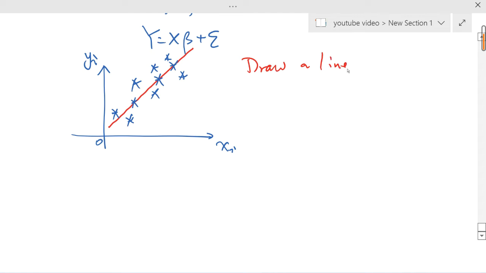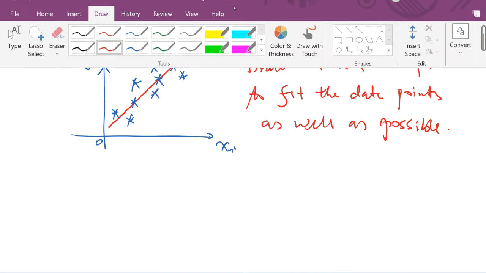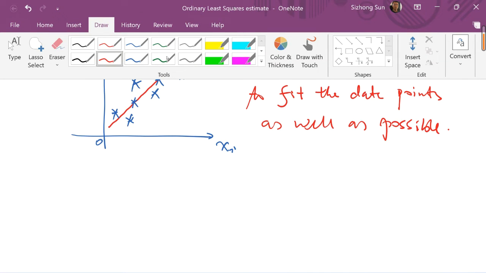Saying draw a line is the same as saying choose the beta to fit the data points as well as possible. Now you need to ask, what do I mean by as well as possible? I need to be precise.